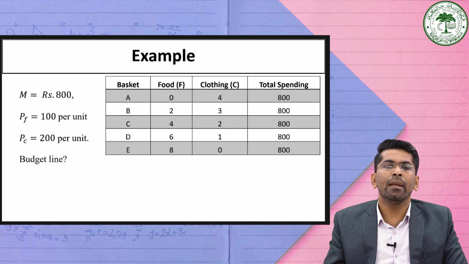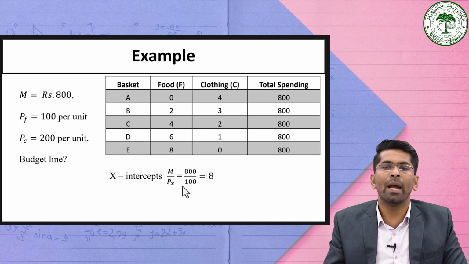So algebraically, point E is one intercept term and A is the other intercept term. Algebraically, we can also calculate the x-intercept, which is the ratio of money income, M, divided by the price of x. So it is M upon price of x, which we already derived earlier.